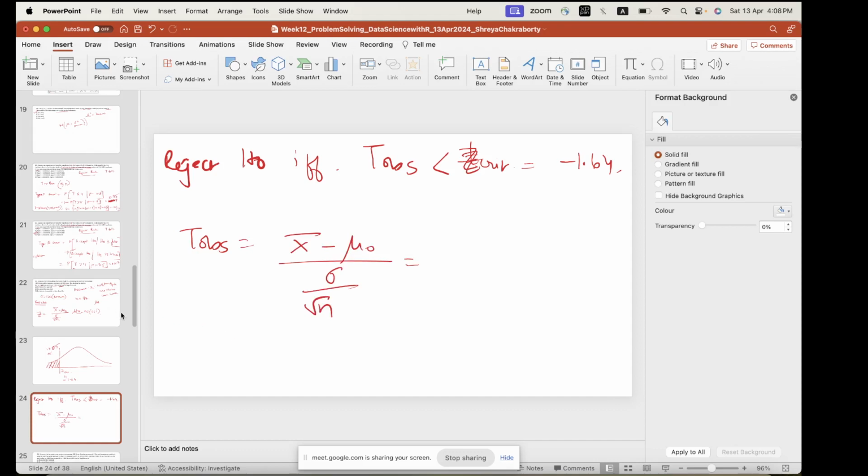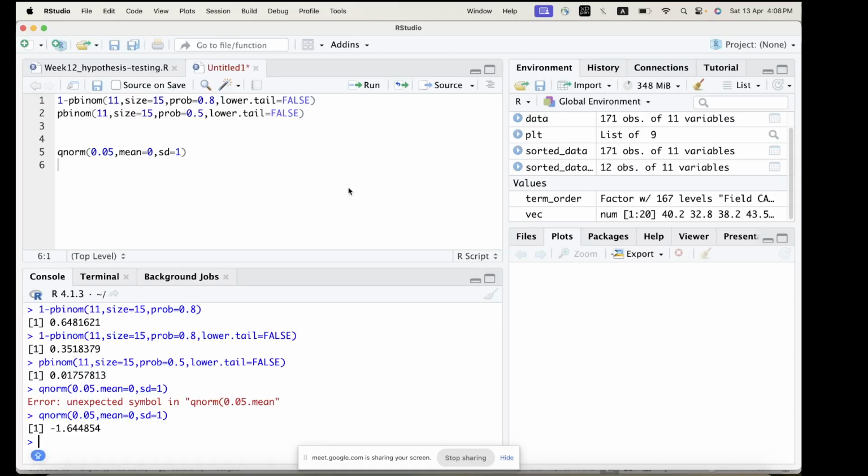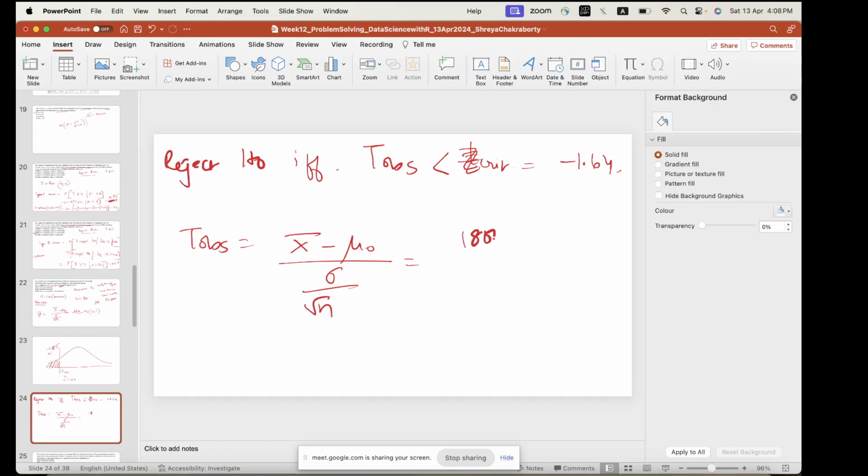So X bar is 1800 times, and sigma is 120. So we can write this as 1800 minus 1600 by 120 by root 70. So this is 200 by 120 by root 70.